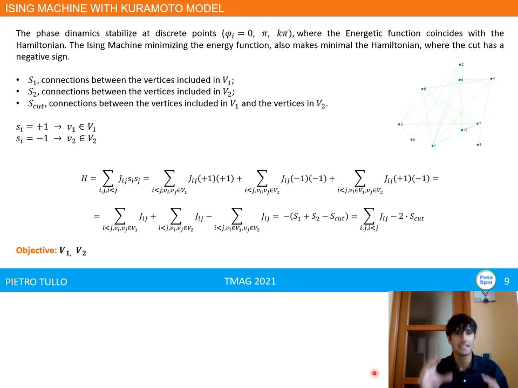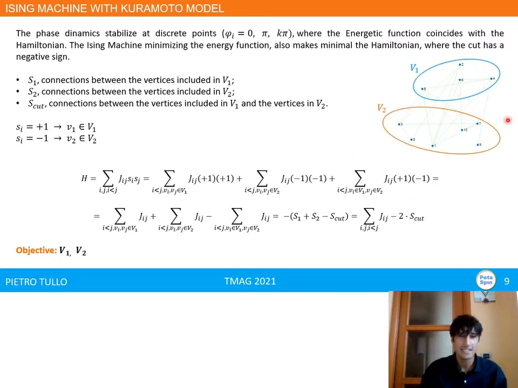Then the Ising machine minimizing the energetic function also makes minimal the Hamiltonian, where the cut has a negative sign. The objective of the max cut problem is to find the bipartition of vertices that makes the cut maximum and the Hamiltonian minimal.